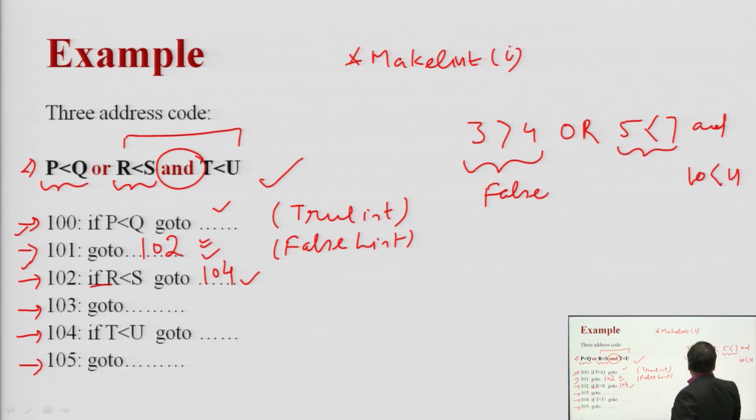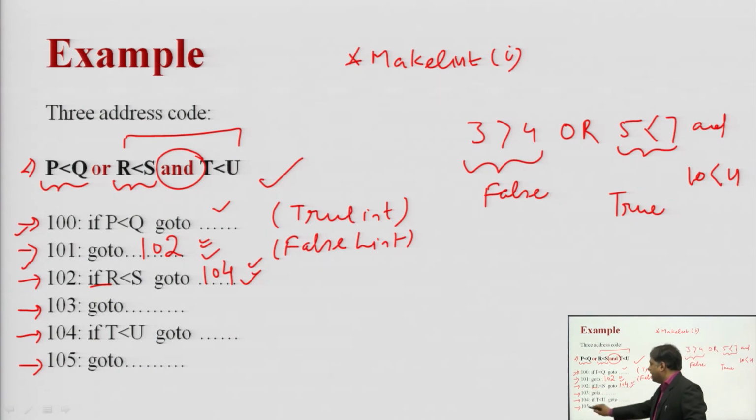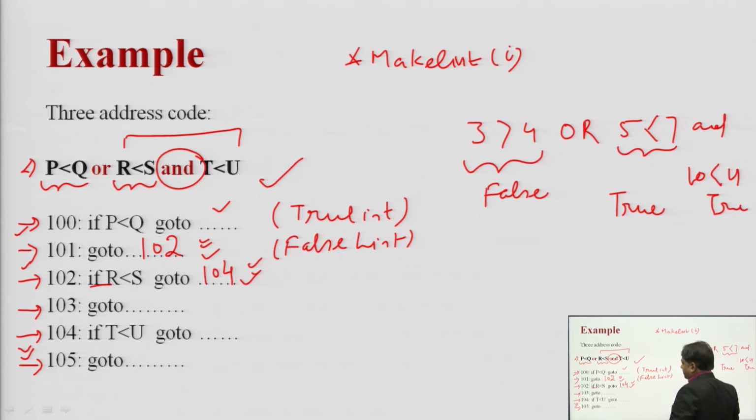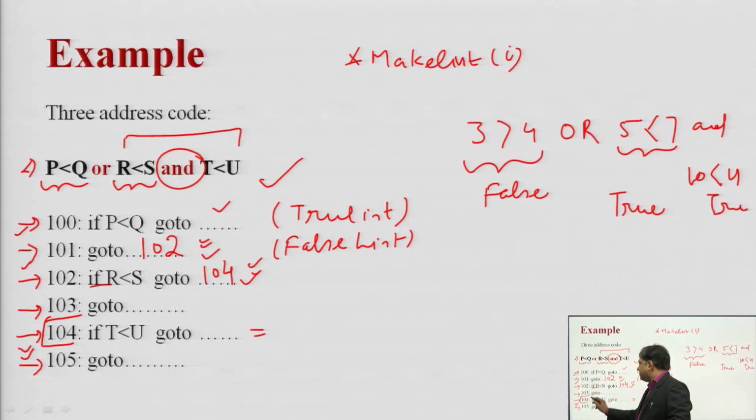Then 5 is less than 7, this is true, right. If it is true, then move to 104, you have arrived at 104. Then compute 10 is less than 11, this is also true. If it is true, then there is no space, but we have stuck at statement number 104.